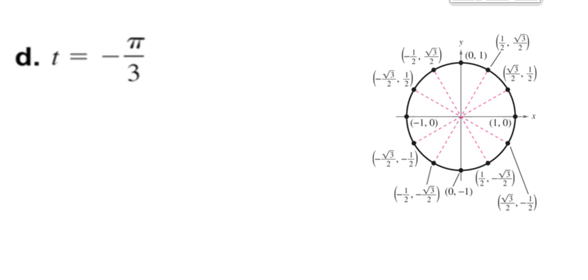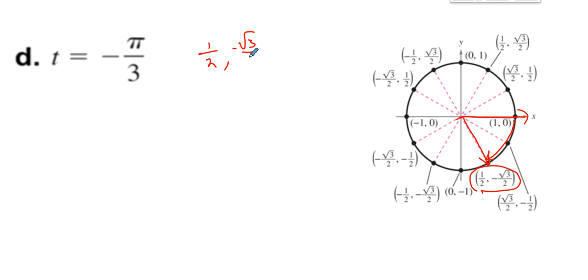So for this one, negative pi over 3, we're starting here again, and let's see how we did. These are pi over 6, so pi over 3 is 2 pi over 6. So we're going to go down this far as we look at that unit circle. And so then our ordered pair is 1/2, comma, negative square root of 3 over 2.